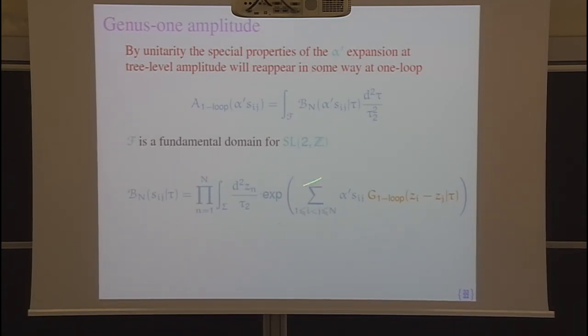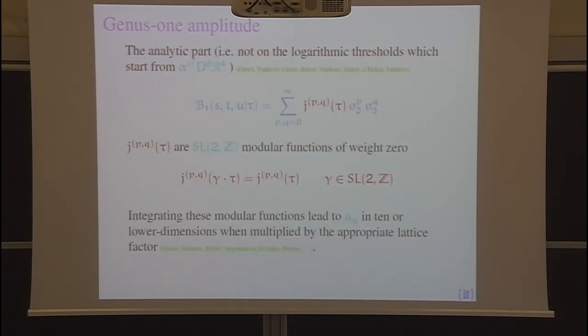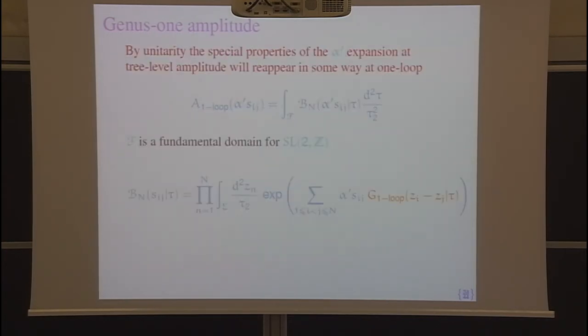In that case I'm looking at the one relevant for the R to the 4, for example, which is the exponential of some linear combination of alpha prime times my kinematical variables, times the Green function on your torus. So what you want to do is an expansion in alpha prime, and then I integrate over the punctures. Because it's genus 1, this is going to be a function of tau.